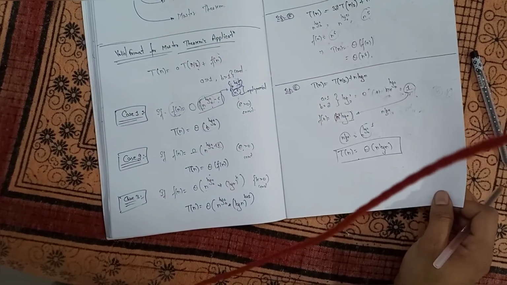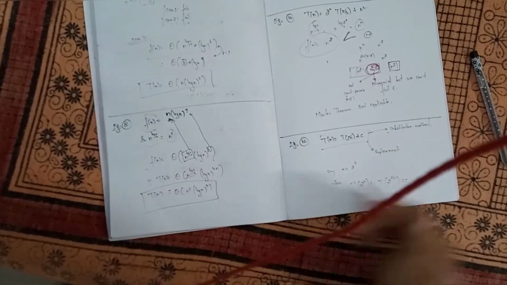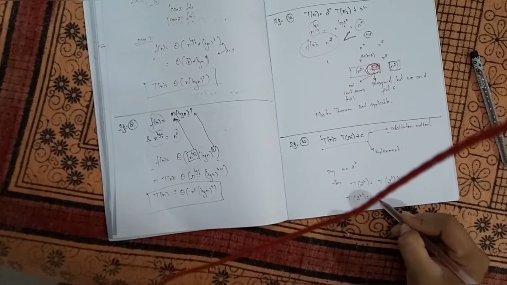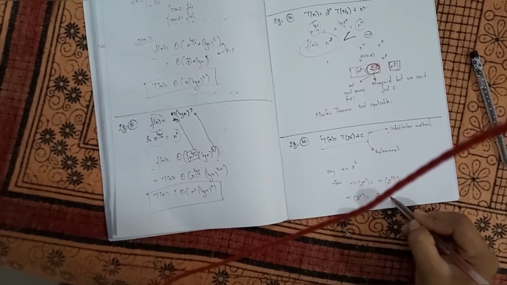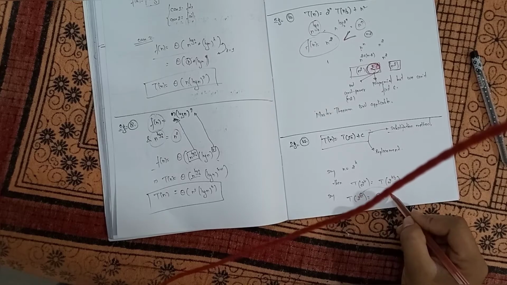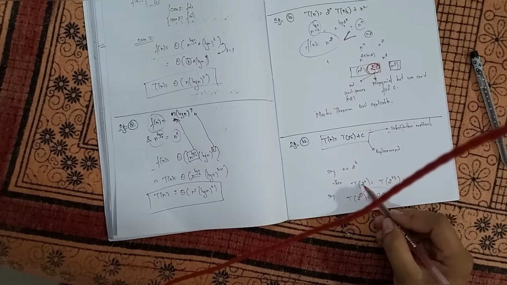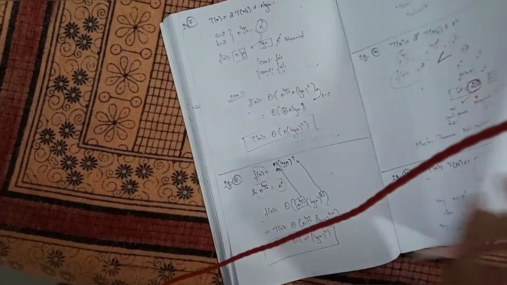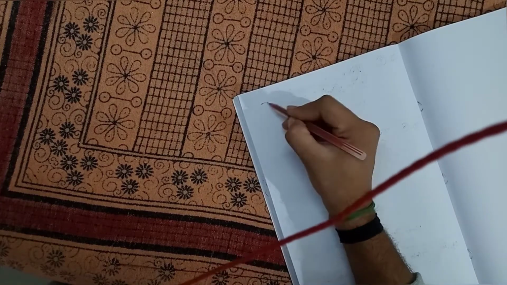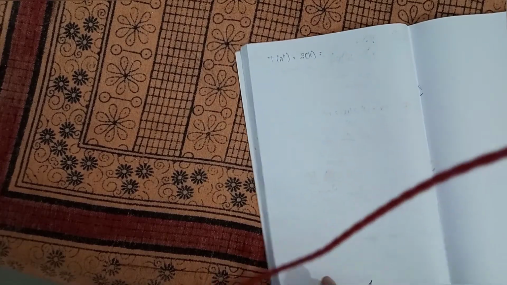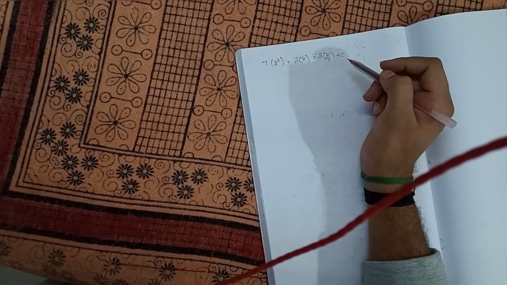We still do not have our function in terms of the Master theorem, so let me assume that T(2^k) is some function S(k). Whatever the power was, I am keeping it as a variable of S. So this becomes S(k) equal to S(k/2) plus c.